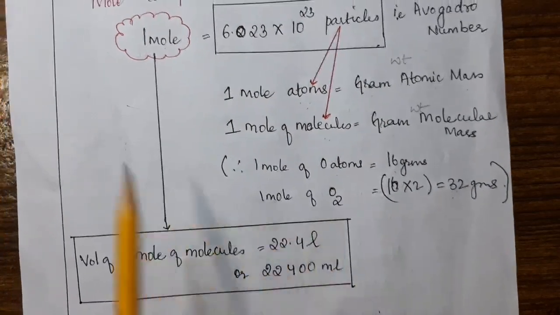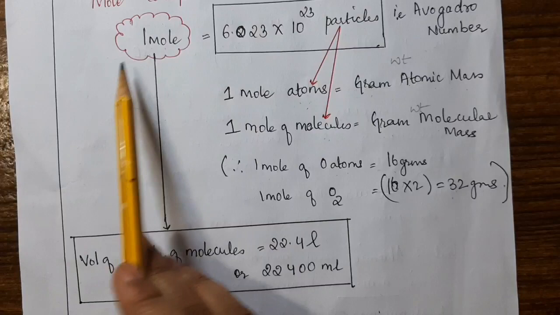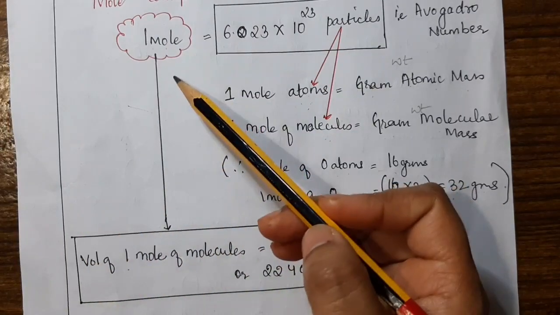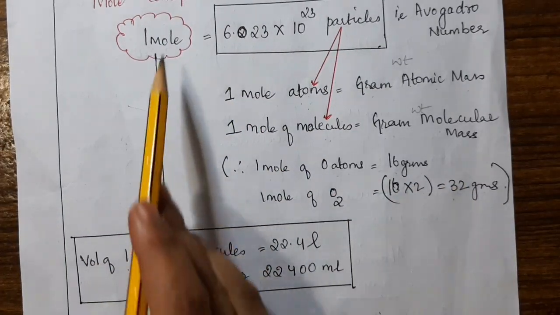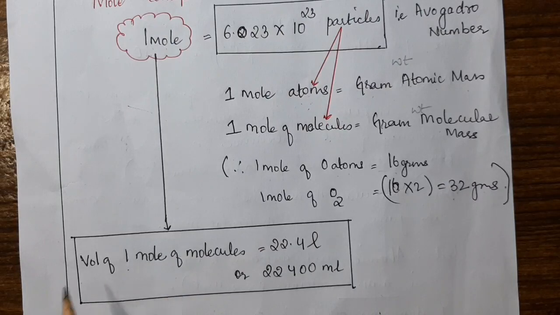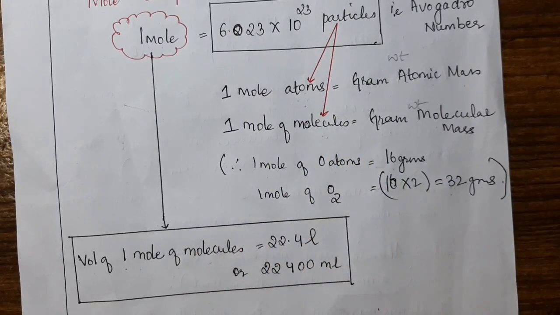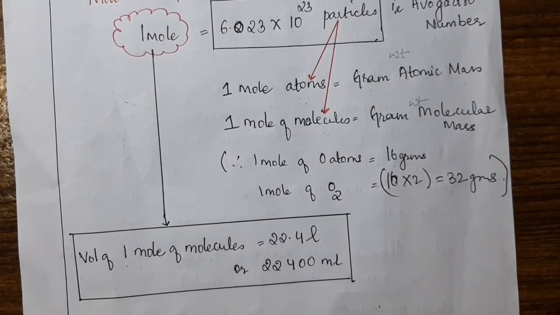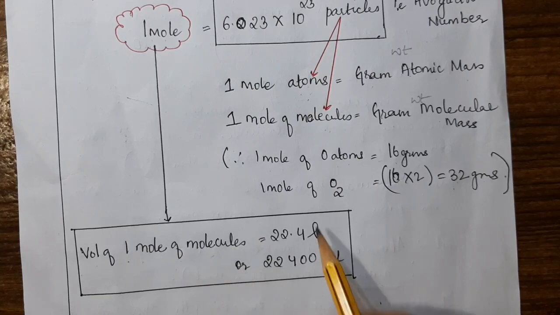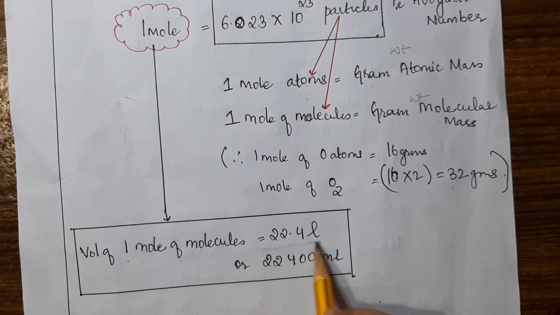Then 1 mole of any gas. Now let's compare it with the volume, the relation of mole with volume. The volume of 1 mole of any molecule, like oxygen, carbon dioxide, whatever it is, will always have a fixed volume.